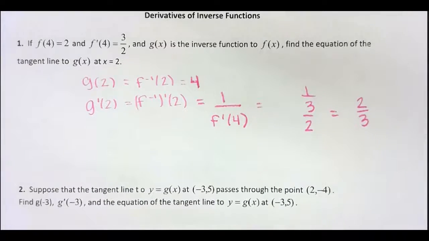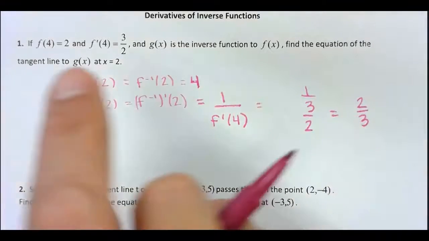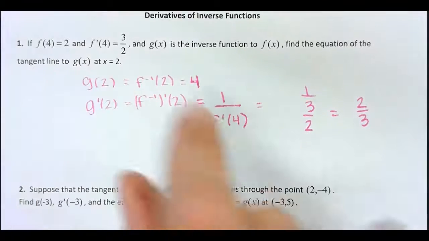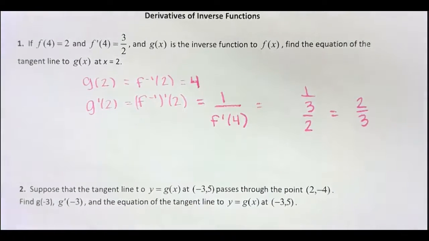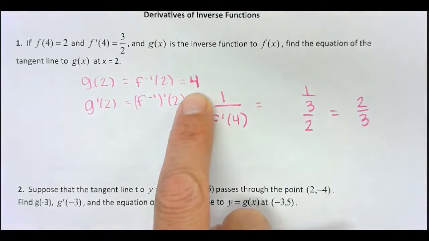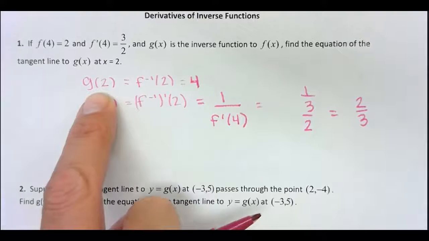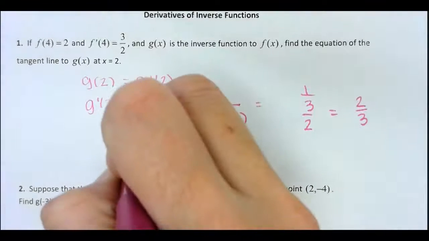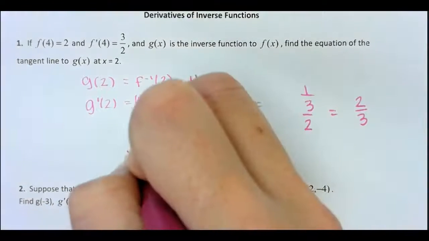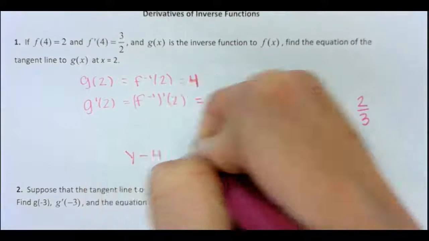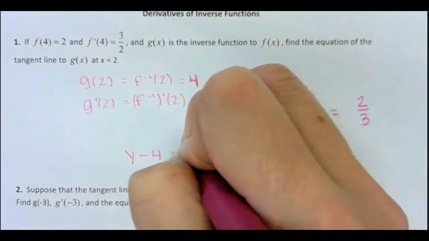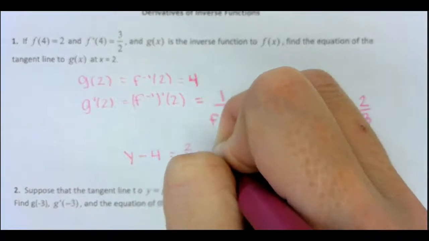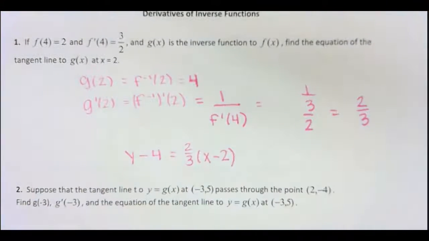That 2/3 represents the slope of the tangent line to g of x. 4 is my y, 2 is my x. So the equation of my tangent line is y minus 4 equals 2/3 times x minus 2.